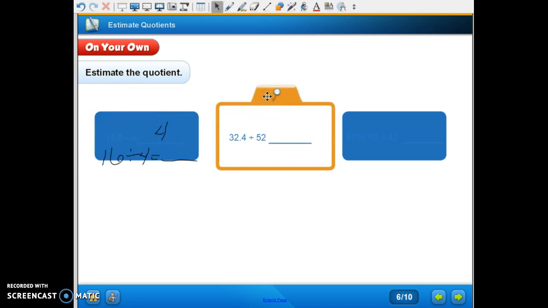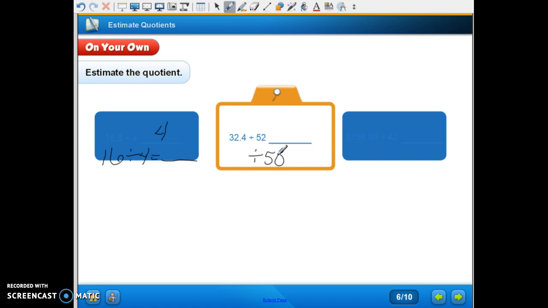Next one is number 10 on our page. Now, 52 is probably not something that we can easily divide something by, right? So what are we going to do with 52? Round it to 50. Now, if we think of our multiples of 5, which ones are closer to 32?